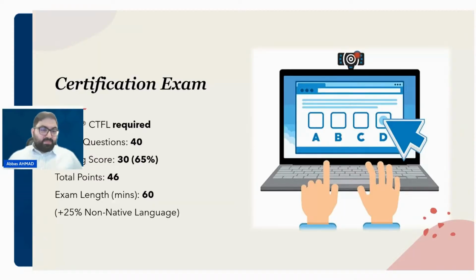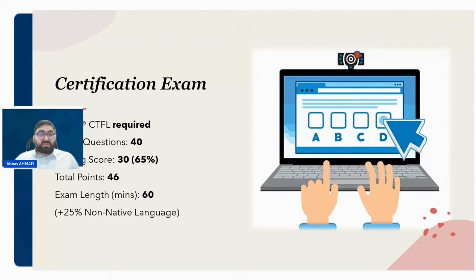So, speaking about the certification exam, we are proposing a 2-day training, so a syllabus which requires a minimum of 2 days of training. We went with the classical ISTQB exam structure of 40 questions. They are multiple choice questions. We require a 65% score in order to pass the exam. The total points of the exam is 46.